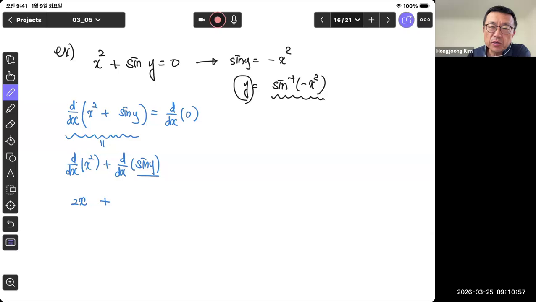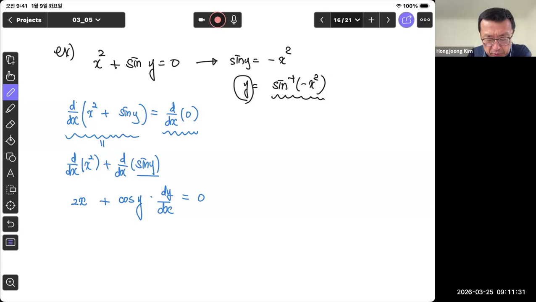If I differentiate sine, you get cosine, evaluated at the inner function, which is y. And then you multiply by the derivative of the inner function, which is dy dx. And that will be the derivative of the constant function 0. So we get 0.